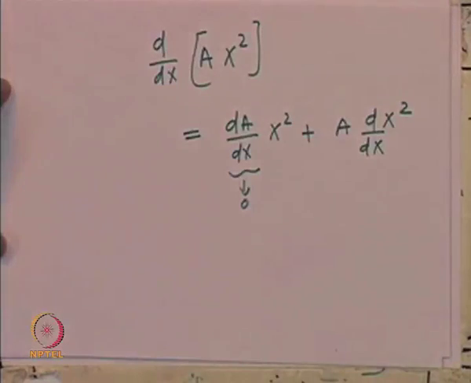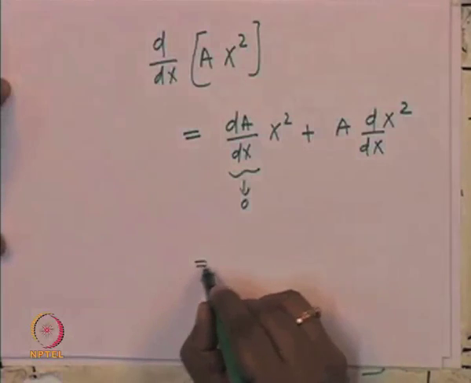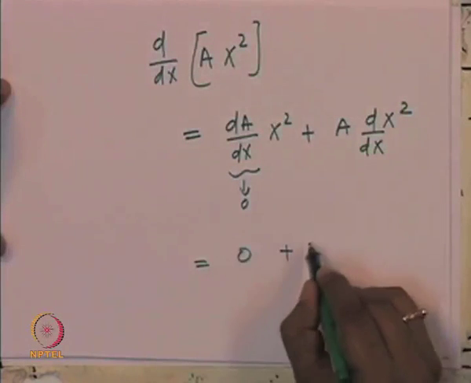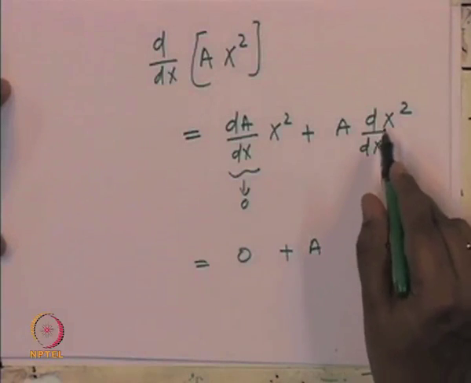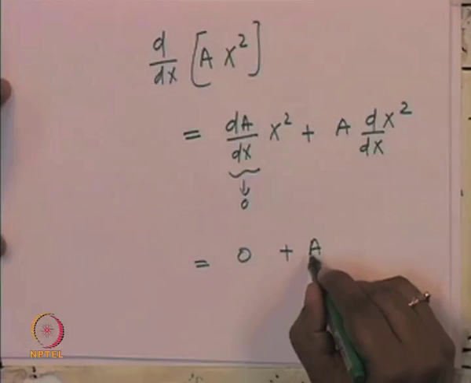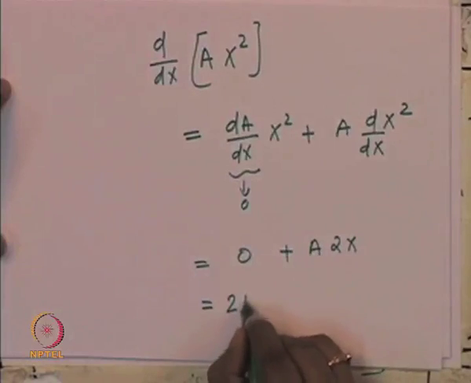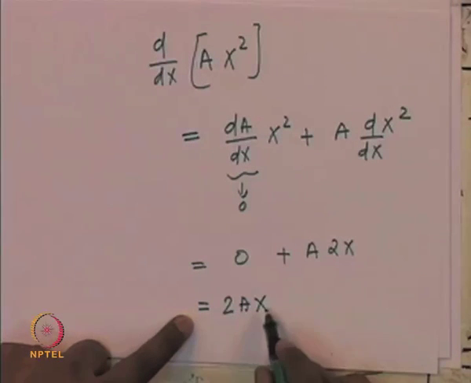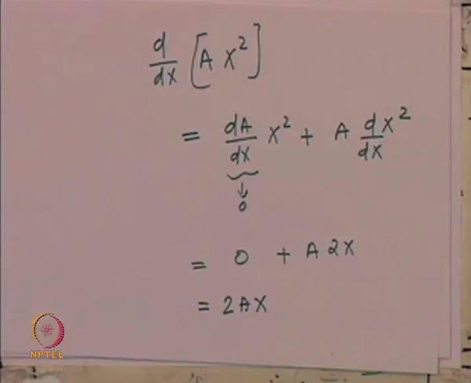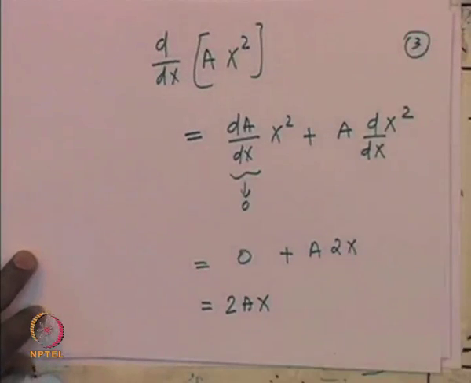So, this term is 0, and 0 times anything is 0. So, the first one is 0 plus a times d by dx of x square, which is 2x. So, this is a times 2x, basically 2 a x. So, d by dx of a x square is 2 times a times x. You can keep applying this formula to any function you like, and you will learn interesting things.